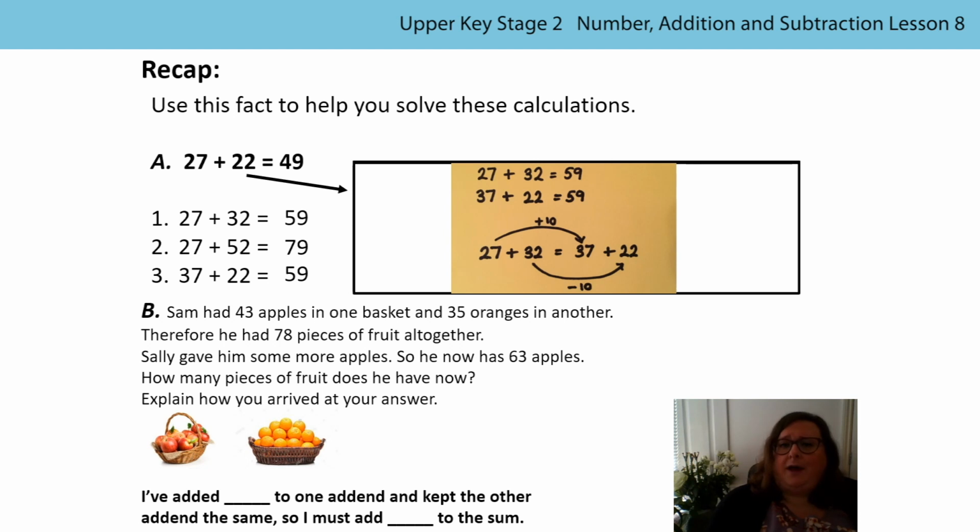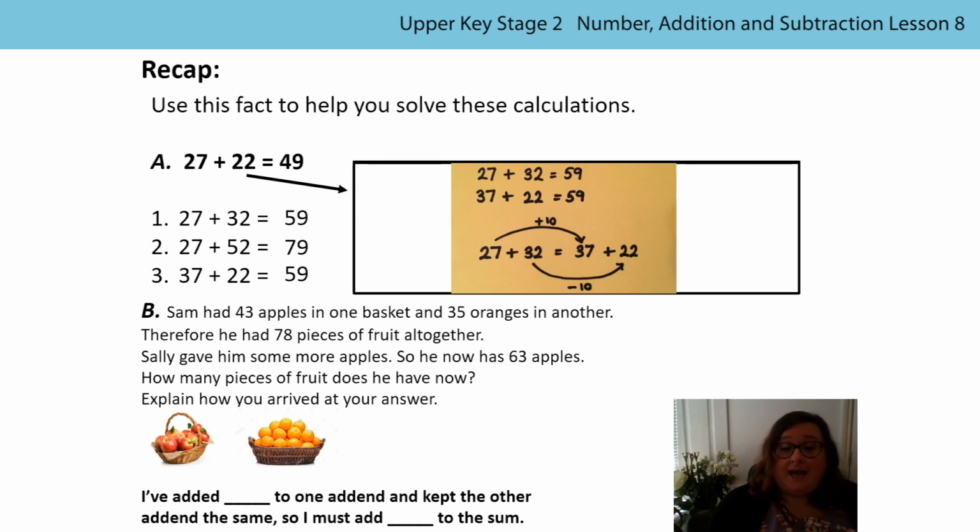This reminds me of the work that we did where if we changed one addend by an amount and we changed another addend by the same amount, then we would keep the same sum. So let's look at the change. I have got 27 here and 37 here, so I've increased one addend by 10.